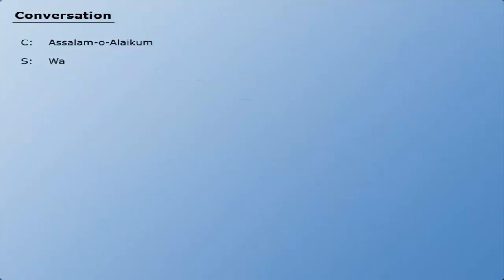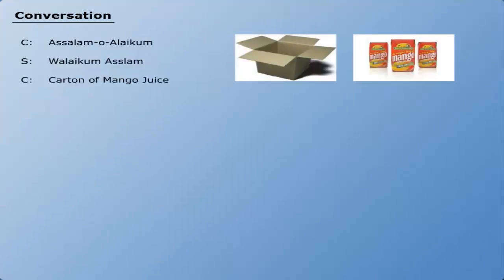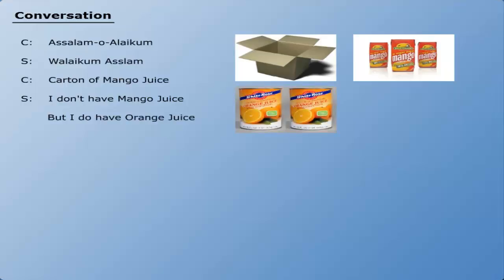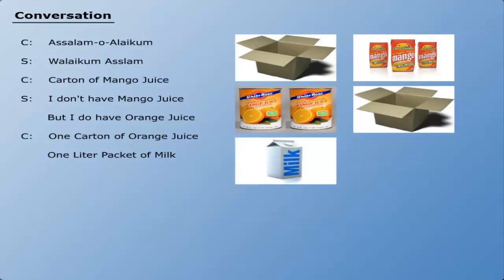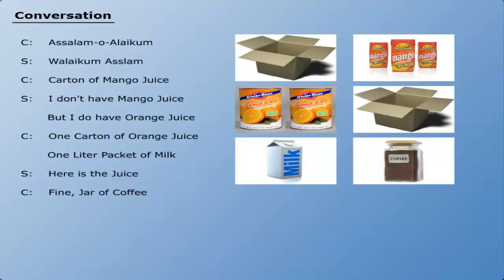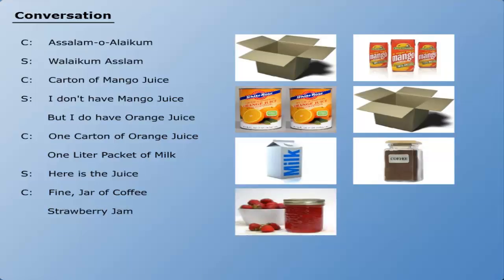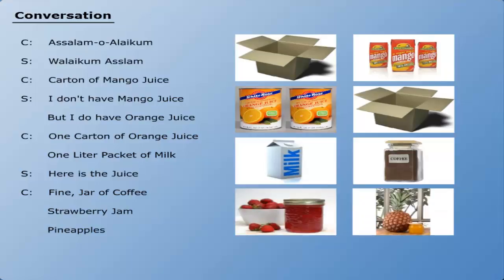Assalamu alaikum. Walaikum assalam. How can I help you? Can I have a carton of mango juice, please? Sorry, I don't have mango juice, but I do have orange juice. Okay. Can you give me 1 carton of orange juice and 1 liter packet of milk, please? Sure, just give me a moment. Here is the juice. But sorry again, I have sold off the last packet of milk just now. Fine. A jar each of coffee and strawberry jam. And a large tin of pineapples, please.